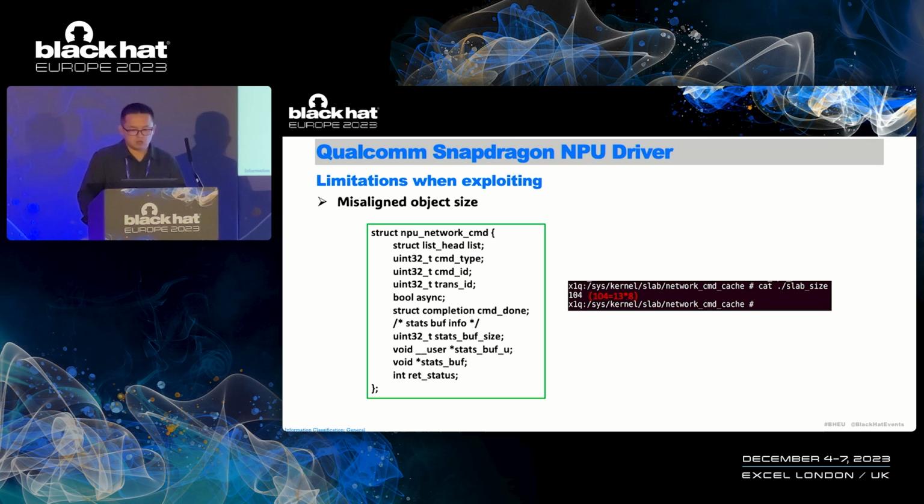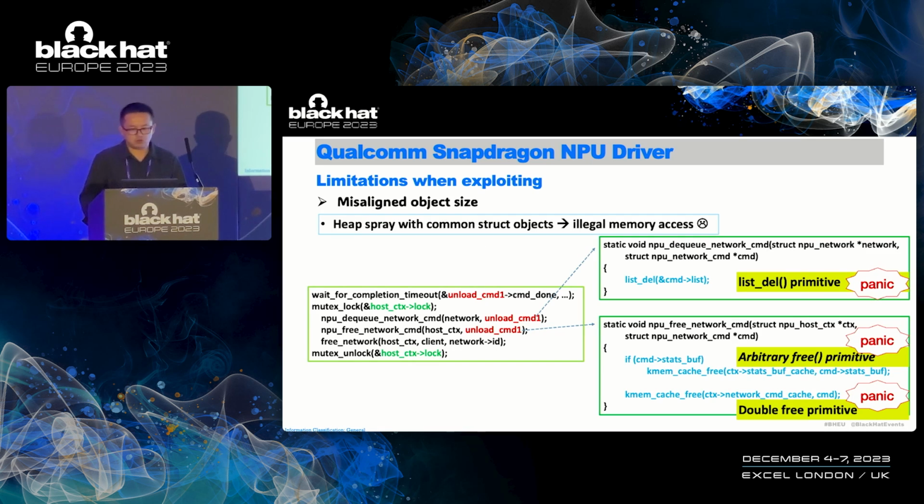What's more, the size of MPU network command object is 104 bytes, which is misaligned. So if we try to occupy the released MPU network command object with some common struct objects, there is a really big chance that illegal memory access would happen when these three primitives get executed.